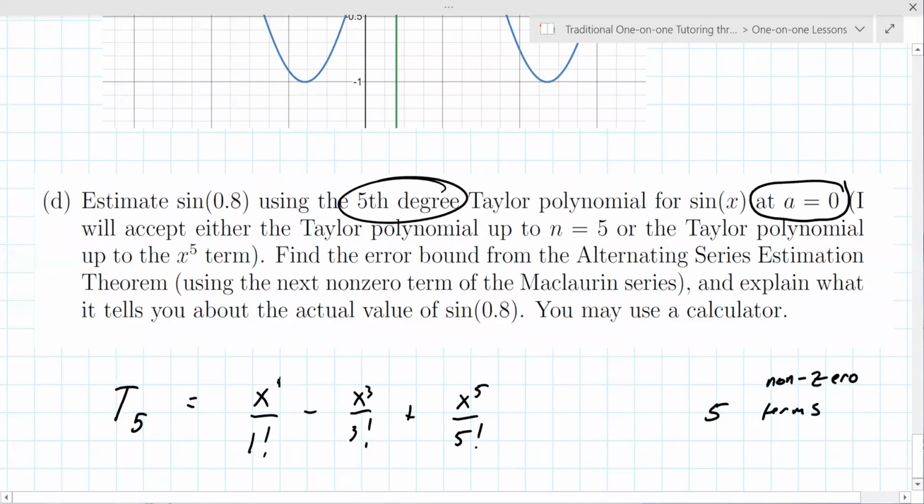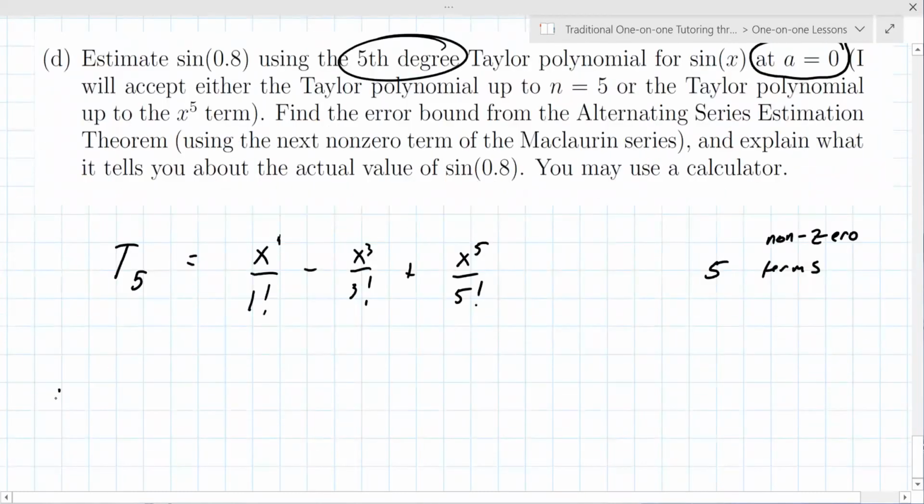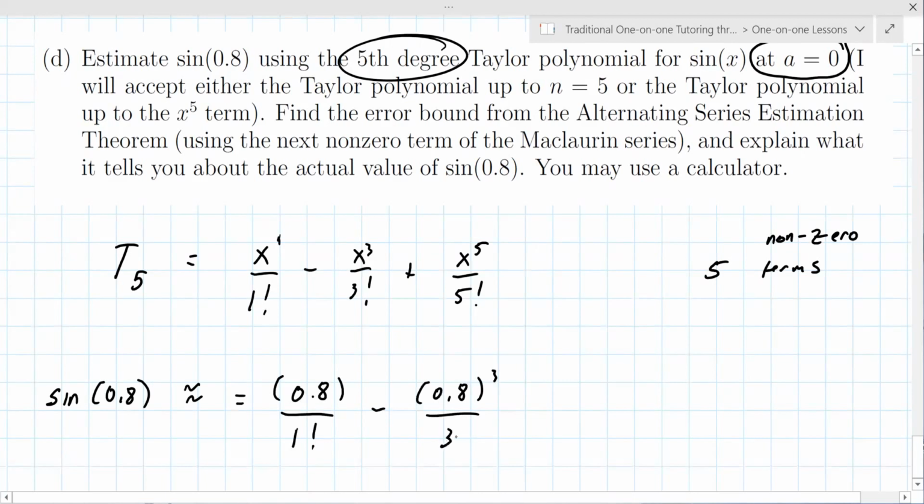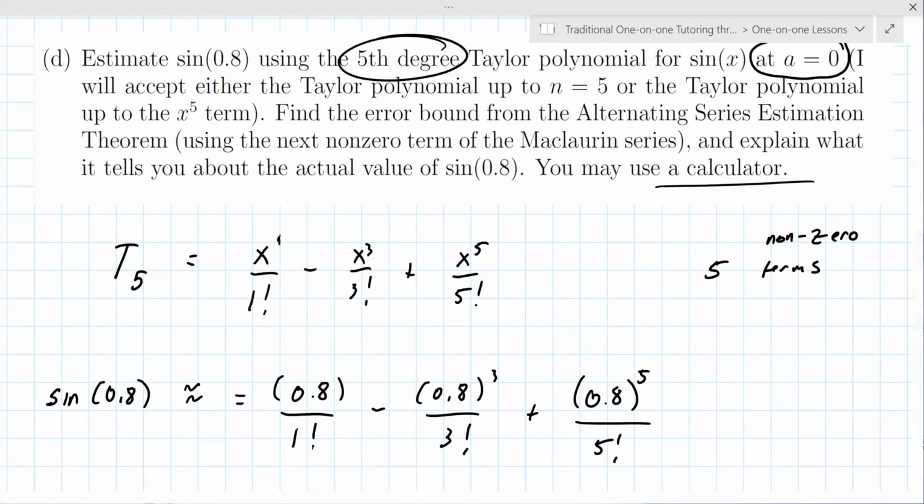Okay. Now, what we're saying is sine of 0.8 is approximately equal to 0.8 divided by 1 factorial minus 0.8 cubed over 3 factorial plus 0.8 to the 5th over 5 factorial. You may use a calculator, but what the instructor means is this part on the right hand side is what goes in your calculator, not sine 0.8.